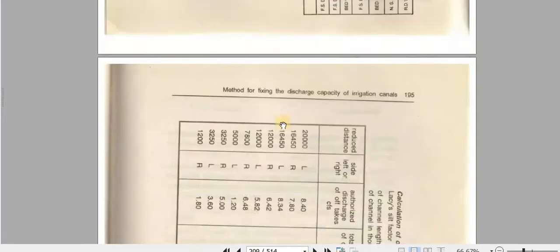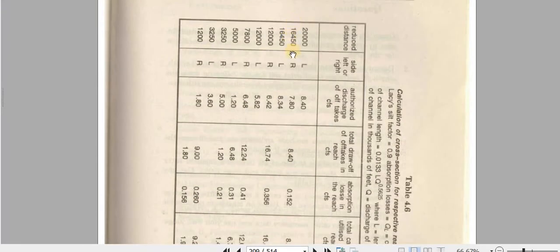If water in this canal is passing this point, 16,000 and something, I mean this point 16,450, with water coming from head to tail, and passing these two outlets and going to this one, the amount of water in the canal should be 8.4 in order to meet its requirement.